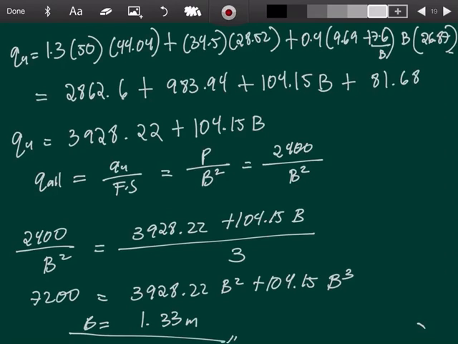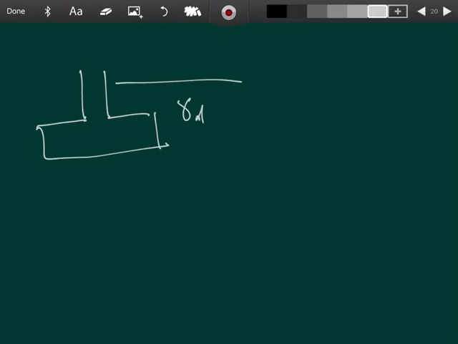So, if you are going to the problem class, we are given a foundation with the following properties. Given yung gamma dry, given yung gamma sat, given yung location ng water table. Asan yung water table? Andito yung water table natin.